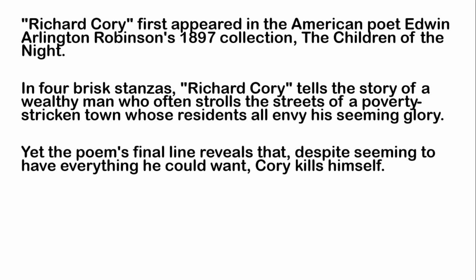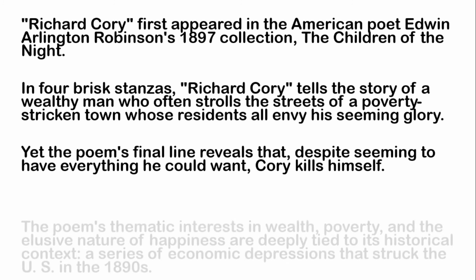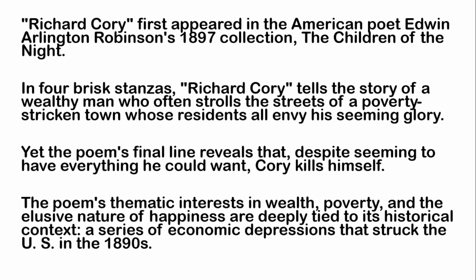Yet the poem's final line reveals that despite seeming to have everything he could want, Cory kills himself. The poem's thematic interest in wealth, poverty, and the elusive nature of happiness are deeply tied to its historical context, a series of economic depressions that struck the United States in the 1890s. That's Richard Cory by Edwin Arlington Robinson.